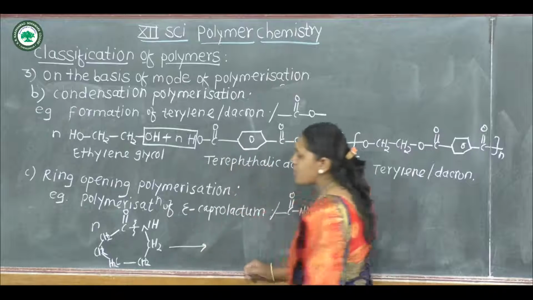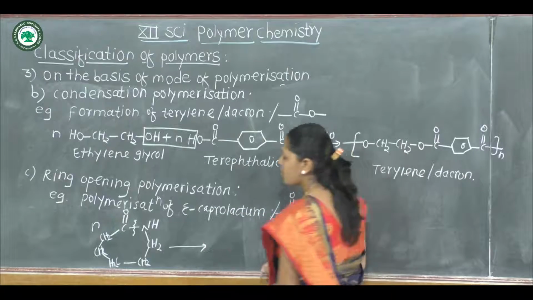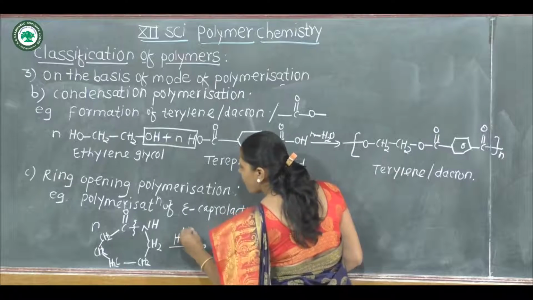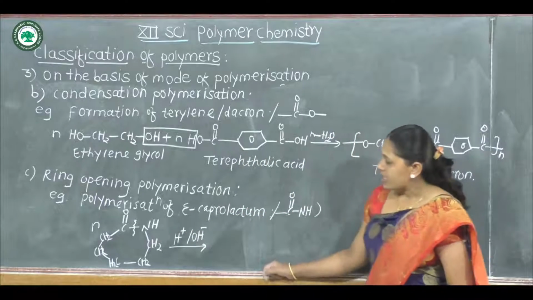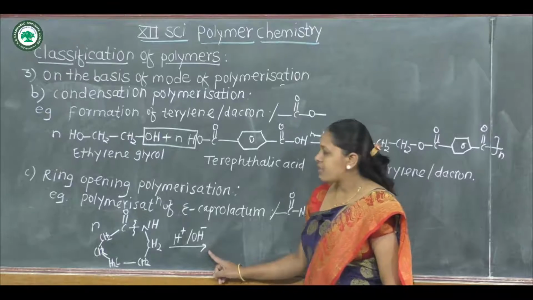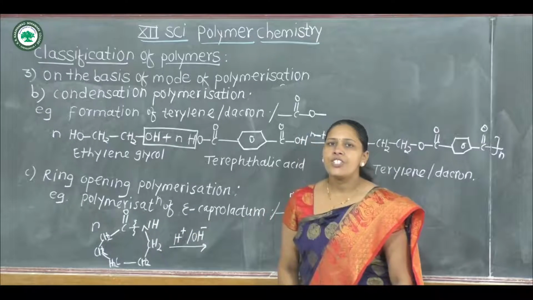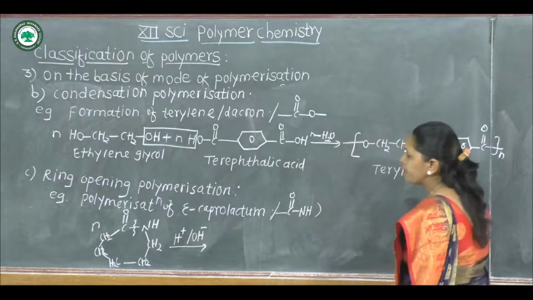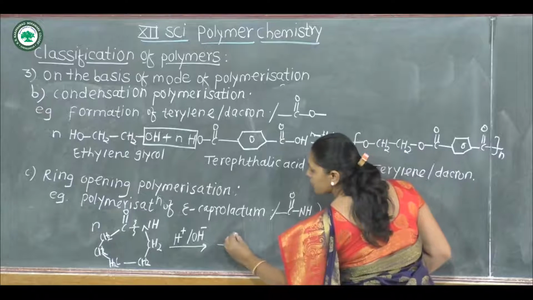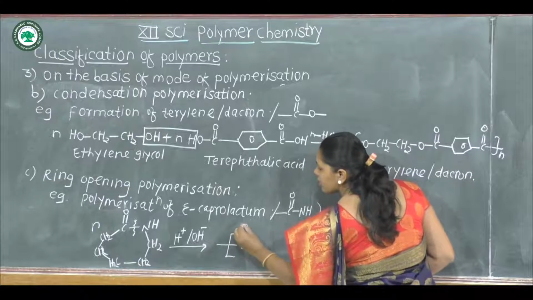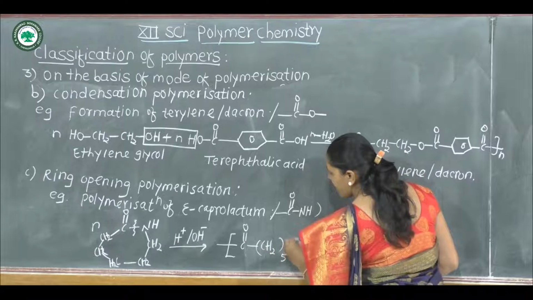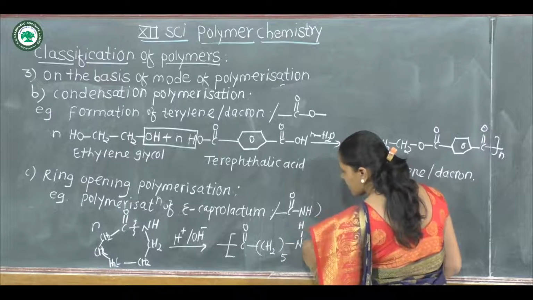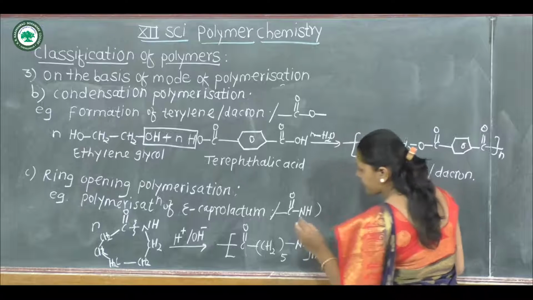During polymerization, strong acid or strong base acts as a catalyst. In presence of acid or base, this amide linkage gets broken to form CH2 5 times, NH, n times.